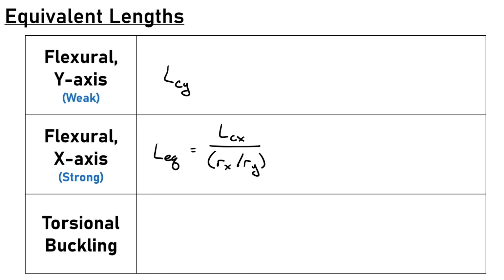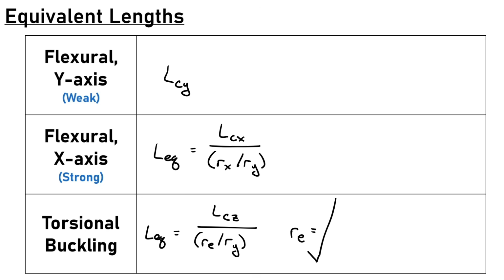Lastly, if we want to consider torsional buckling, it looks very similar. We'll still have an equivalent length that we need to look up, which is going to be LCZ. That's your unbraced or effective length in torsion, divided by this quantity Re over Ry. Now, Re is a bit of a strange beast here because it's not a cross-sectional property. It's also going to depend on your unbraced length, and it is equal to the square root of a lot of stuff here.